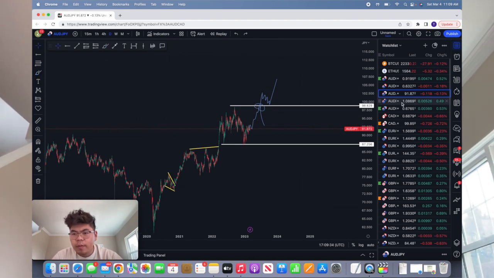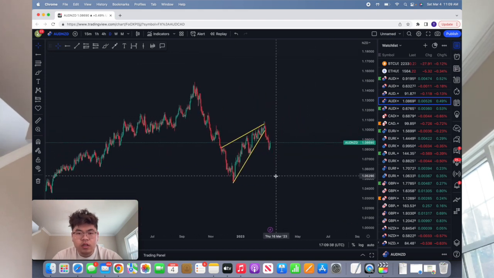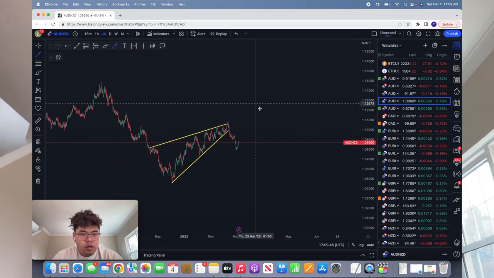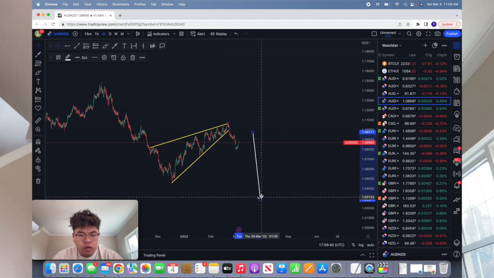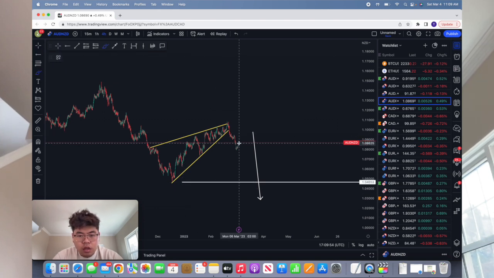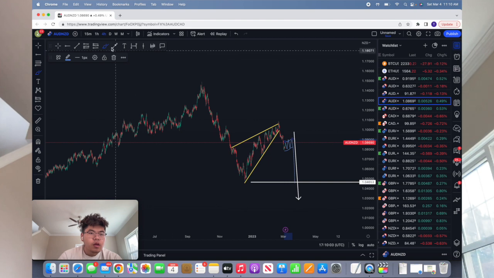Moving on quickly, we can see a huge ascending channel here, and ascending channels usually can bring it all the way down to the minimum. This is where the correction started. So I would say if we see opportunities here, a flag, we will be looking to take it. More than happy to take it.